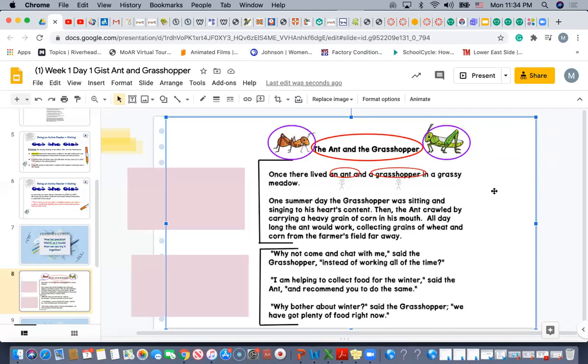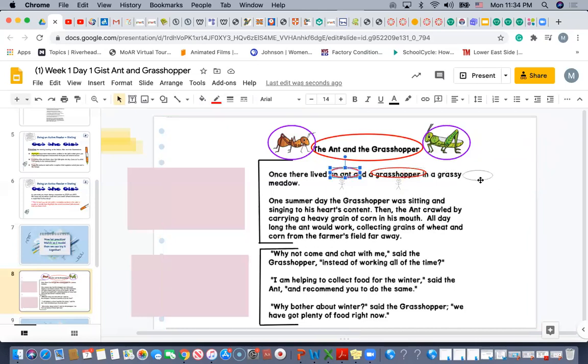Once there lived an ant and a grasshopper in a grassy meadow. Now, Mr. Rosa actually dragged and dropped the circles, and I put two little men underneath the ant and the grasshopper. I do this every time I'm introduced to a main character, or in this case, two main characters.